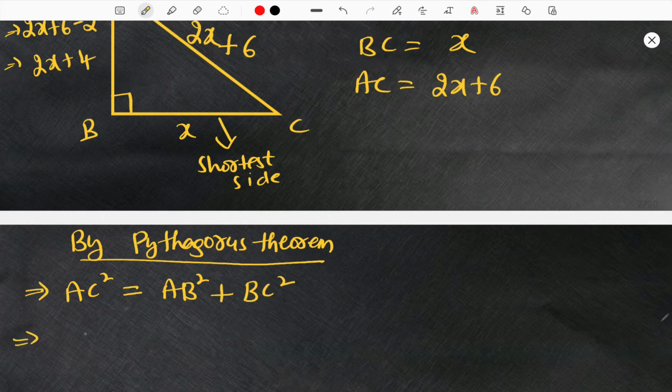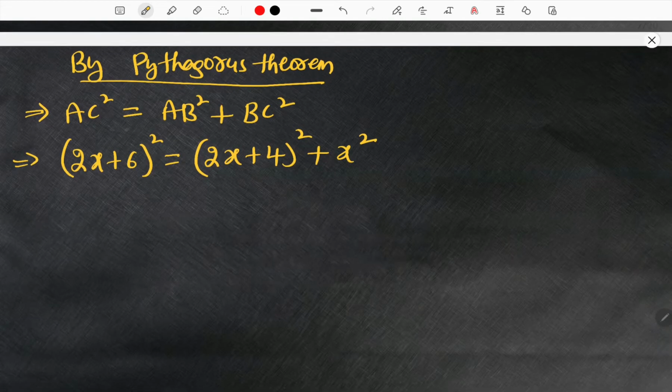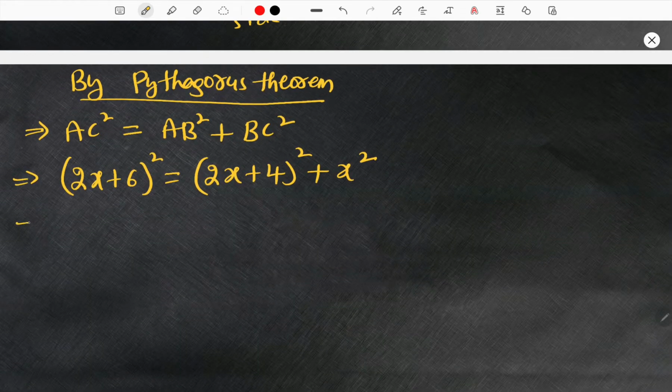AC square is 2x plus 6 whole square is equal to AB square, that is 2x plus 4 whole square, plus BC square is x square. Alright, so let us expand this. If you expand, a plus b whole square means a square plus b square plus 2ab.